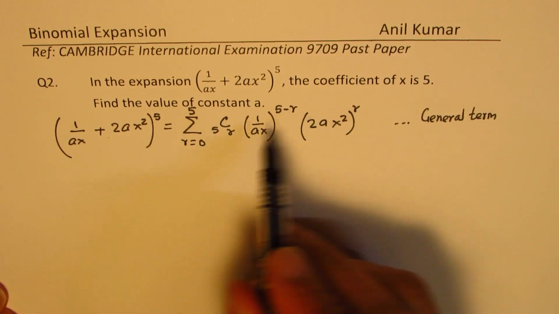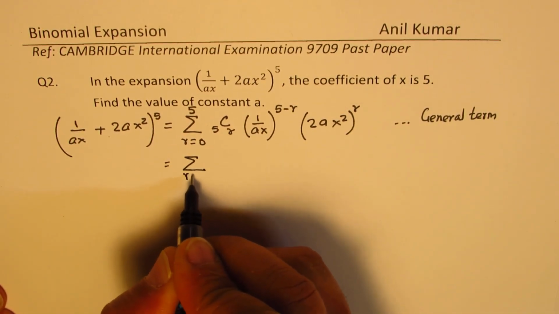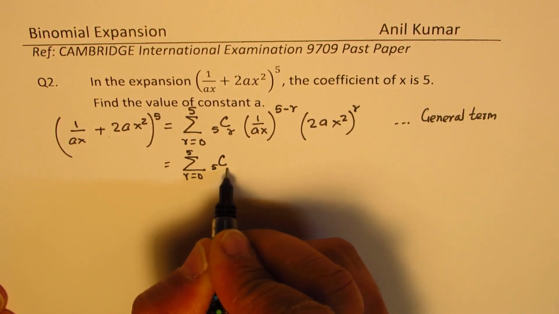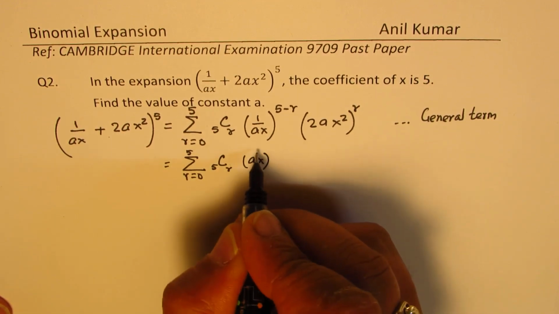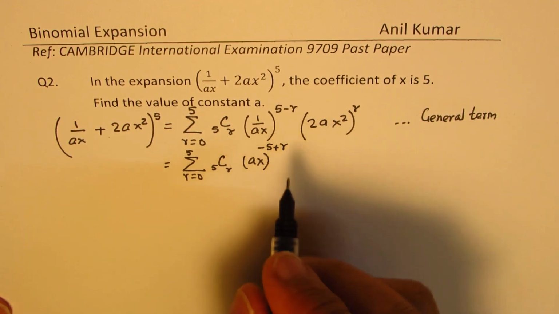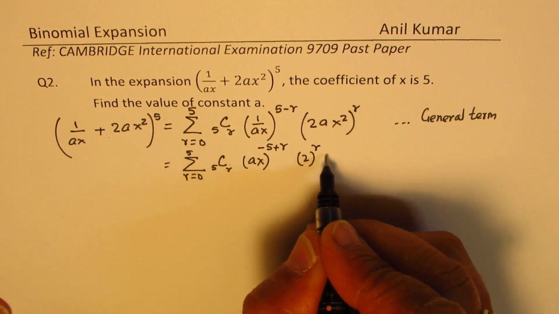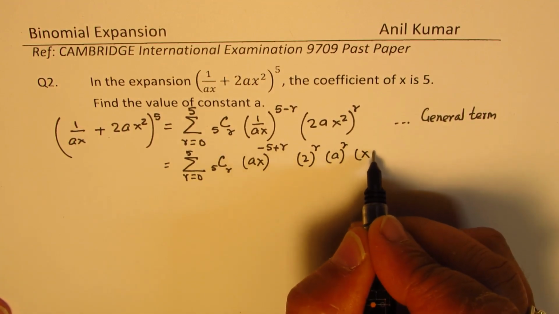Okay, let's simplify this. We could write this as the sum for r equals 0 to 5 of 5cr, a to the power of minus 5 plus r, x to the power of minus 5 plus r, and 2 to the power of r, a to the power of r, and x to the power of 2r.